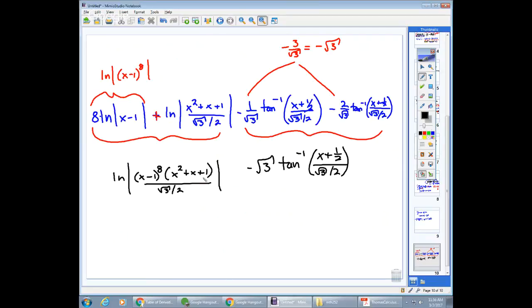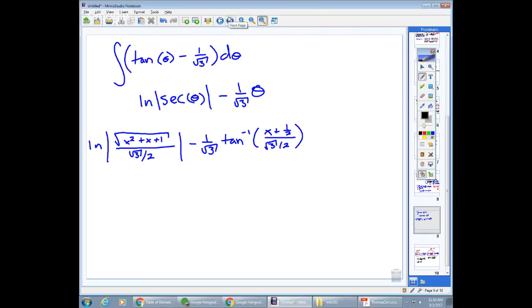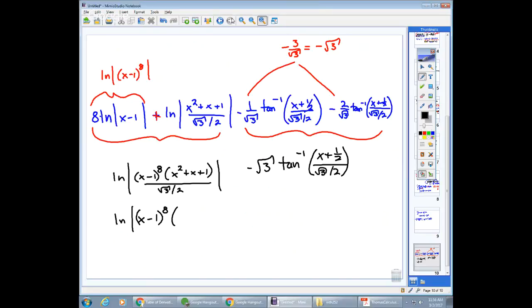It becomes the log of a difference. So technically this could also be rewritten as the natural log of the absolute value of x minus 1 to the 8th times, am I missing a square root? This should be a square root here. Yep, that should be a square root.